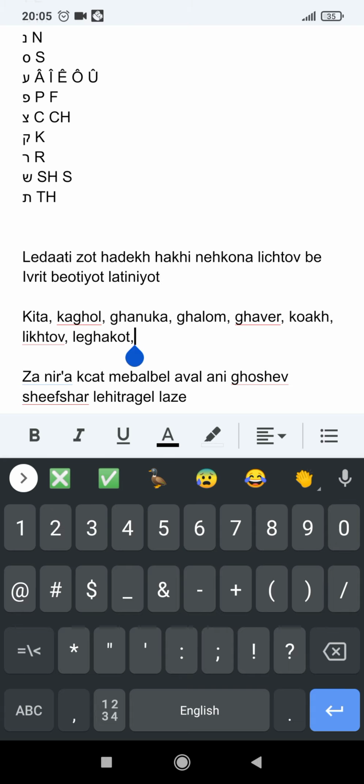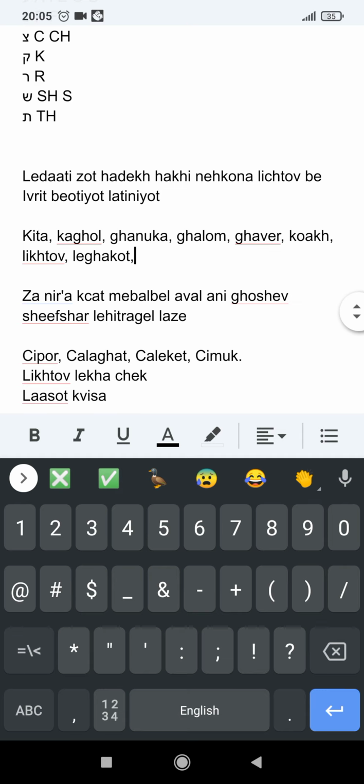And here's some letters, and here's some separate words. Now, over here, there is a little symbol I put next to the resh, because it's not pronounced nira, it's pronounced nir'a.